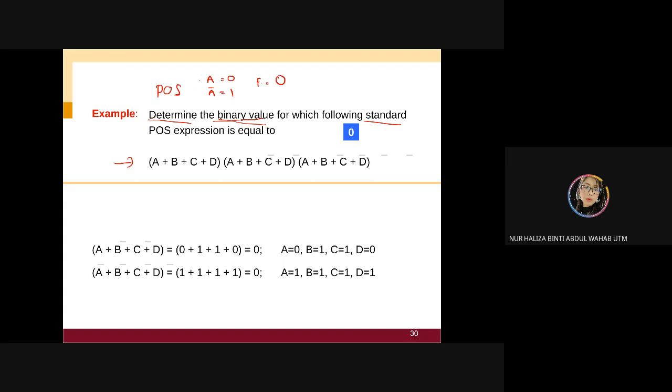So here, A is 0. B is 0. C is 0. D is 0. A is 0. B is 0. C is 1. D is 1. A is 0. B is 0. C is 1. D is 1.